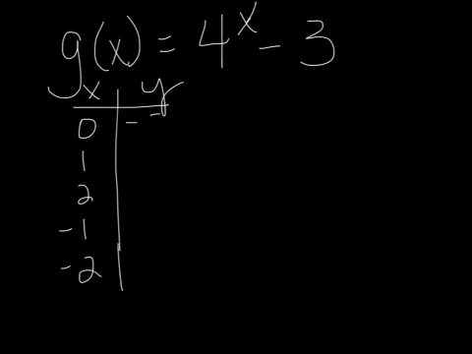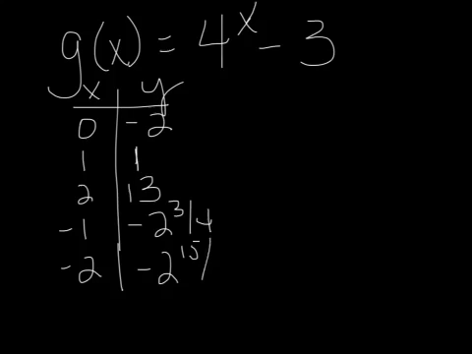At 0, we should get a negative 2. At 1, we should get a 1. At 2, we should get a 13. At negative 1, we should get a negative 2 3/4 maybe. At negative 2, that would be 1/16 minus 3, which is a negative 2 15/16.